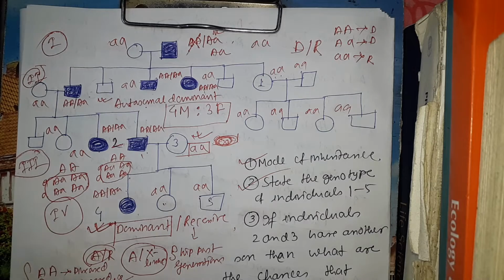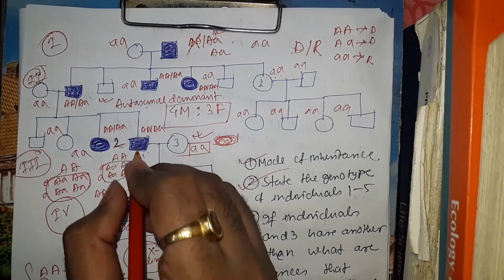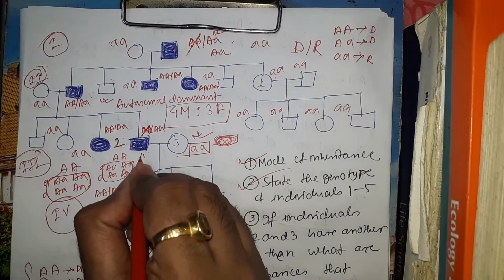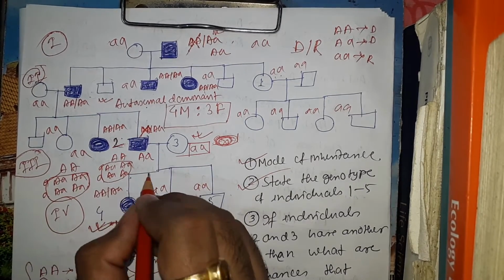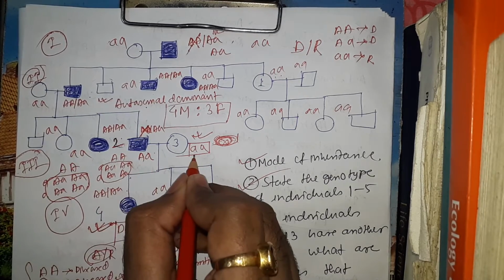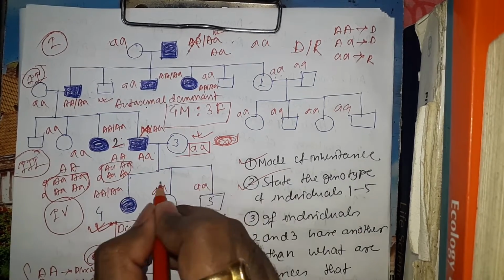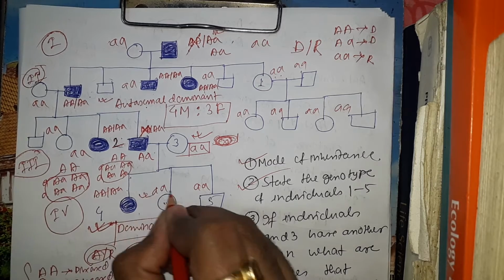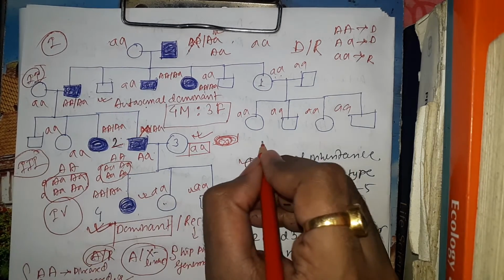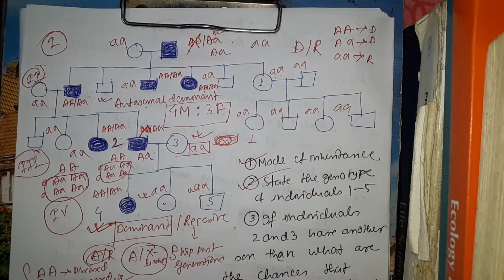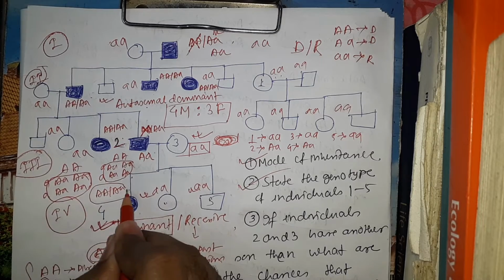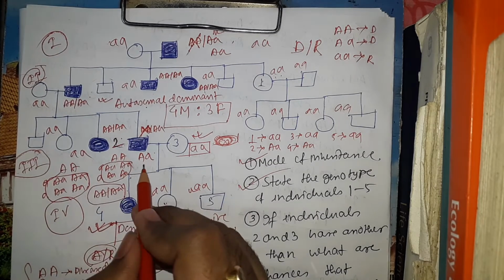That simply tells us that here also the genotype for individual 2 is capital A small a, so that when this capital A small a individual is mated with the small a female, they have 2 normal children. Okay, so we have concluded that. Now there is a question: what will be the genotype for individual 4? Now let's look here.